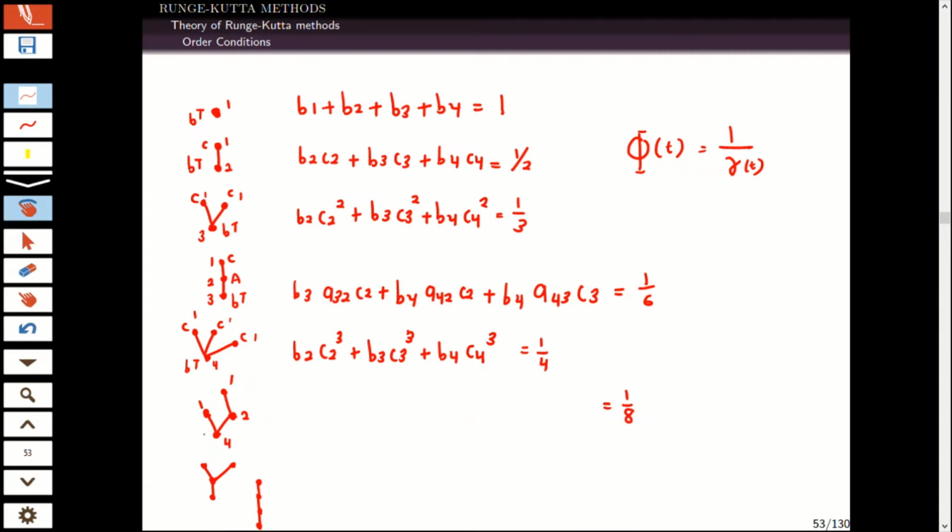Then how do you write it? We have b transpose C A c. So I just look at this equation here, and then don't forget to add A in between.